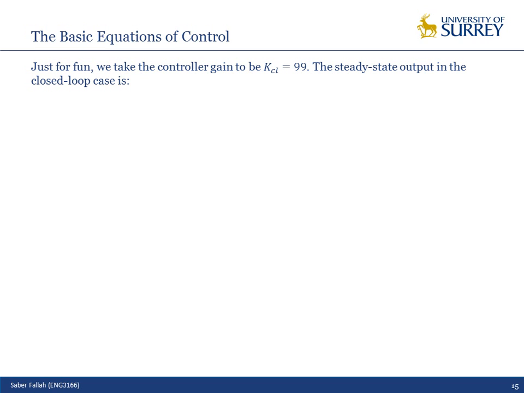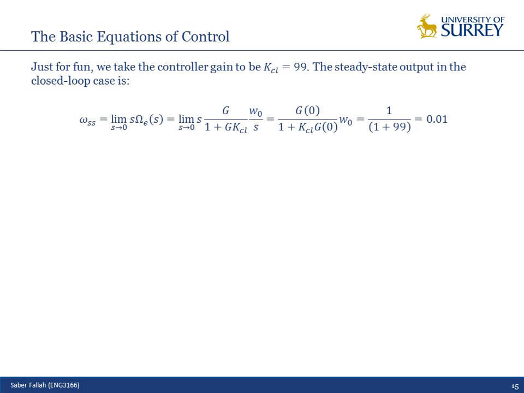It can be any value, but for fun I choose 99. If I calculate omega SS, I will have 0.01. Open loop, I will have 100% error. For the closed loop, I will have 1% error due to the disturbance.